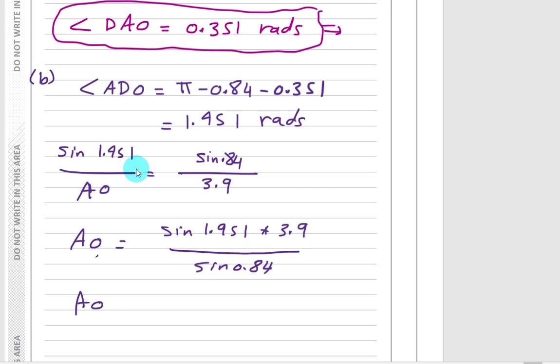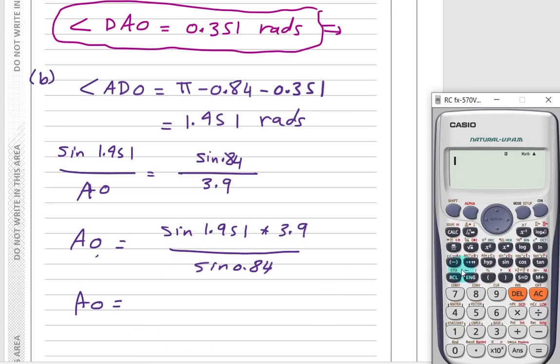So AO is equal to sine 1.951, close the bracket, by 3.9 divided by sine 0.84, which equals 4.86.